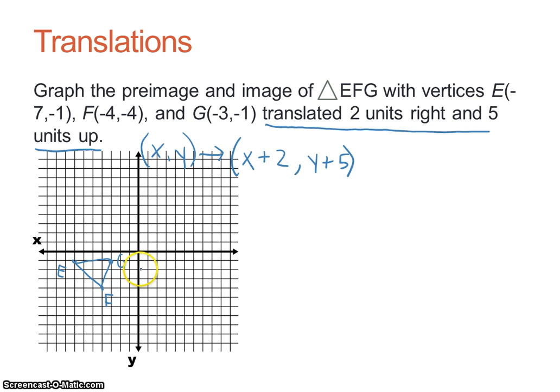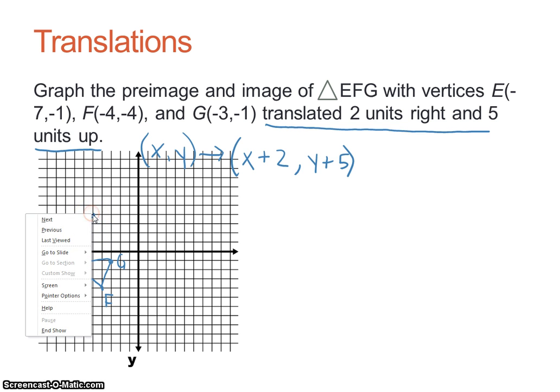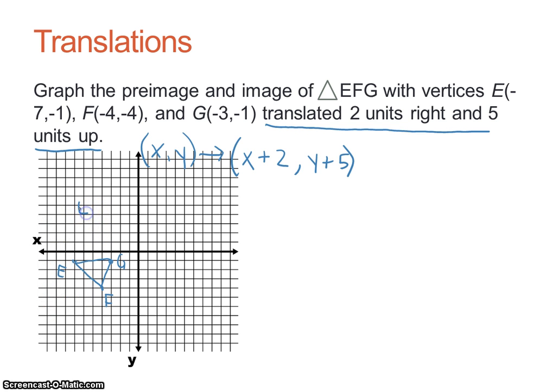So now to find our image, we're going to take all the x values and add 2, and all of the y values and add 5. So we'll take our E vertex, and we'll go positive 2, positive 5. So up here is going to be our E prime. Then we'll take our G, go 2 to the right, up 5.